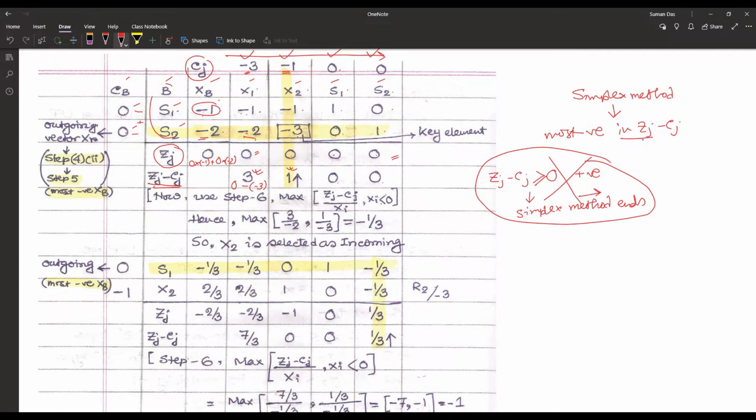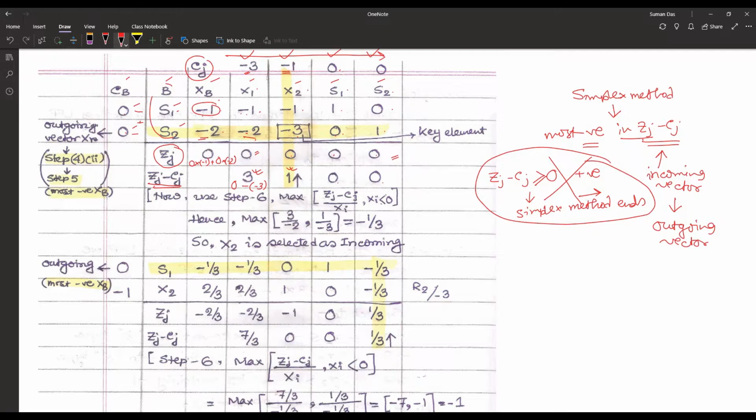So in the simplex table, which has the most negative value in Zj minus Cj, we consider that variable as the incoming vector. Then we consider the outgoing vector.